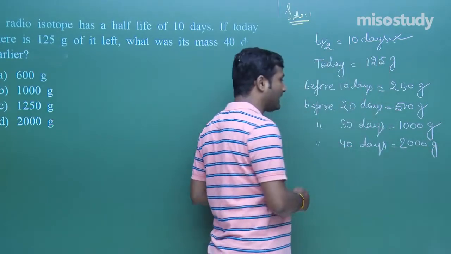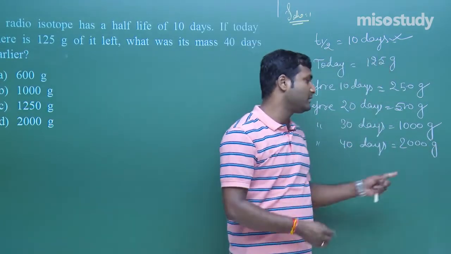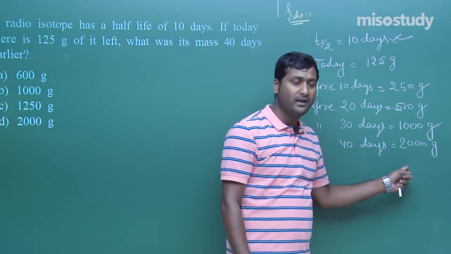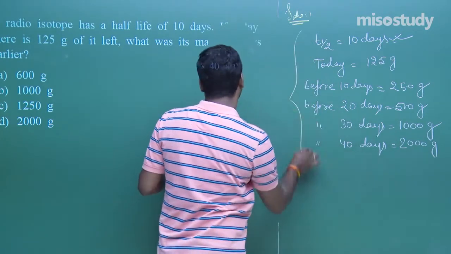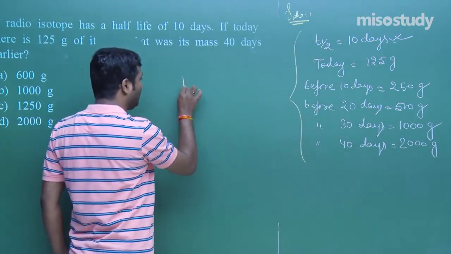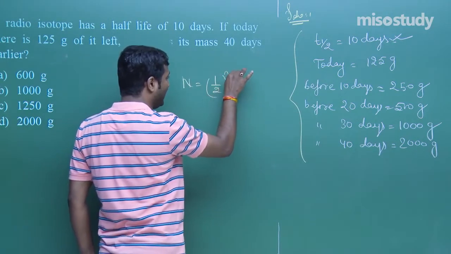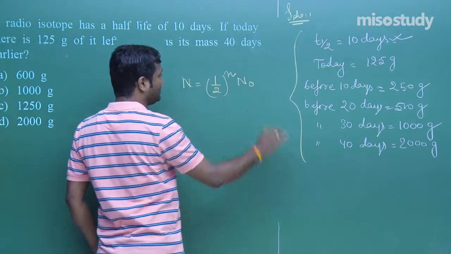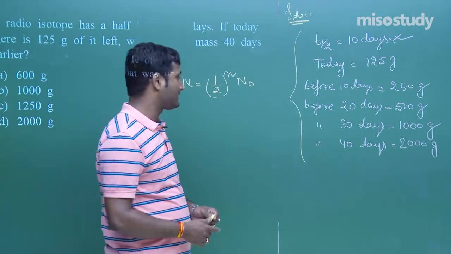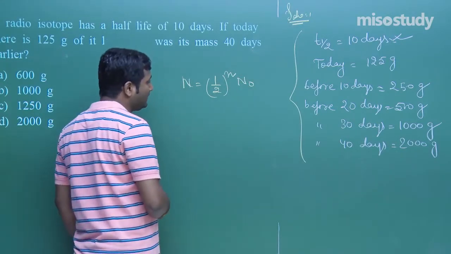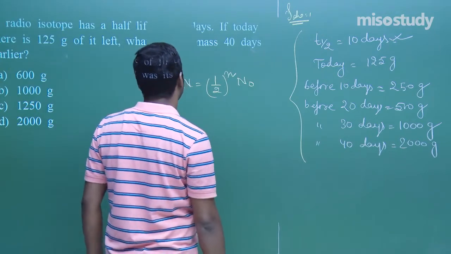So 40 days earlier the quantity is 2000 gram, my friend. This is the normal method. Now the next method is, as we know, n is equal to 1 by 2 to the power n into n naught. Am I right? Yes.